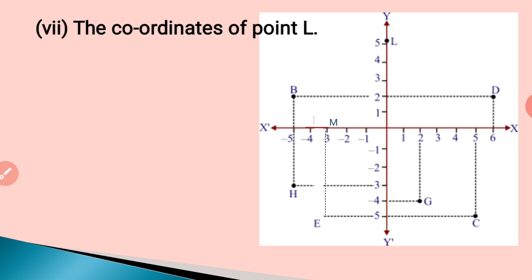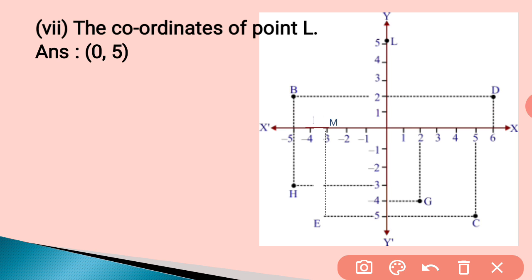Next, the coordinates of point L. If you look out for L, you will get L here. We have to find out the coordinates of L. The first perpendicular is always made on x-axis.